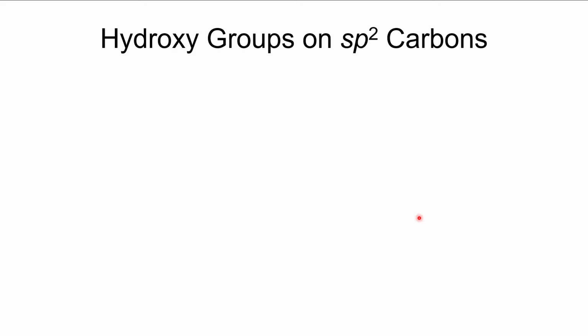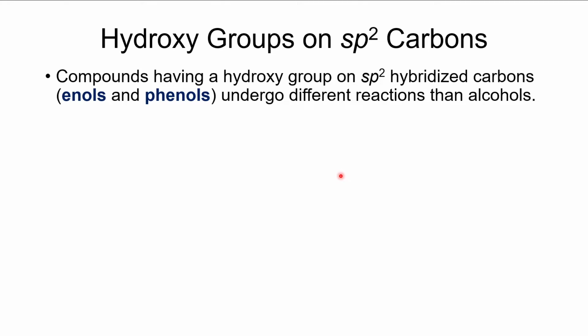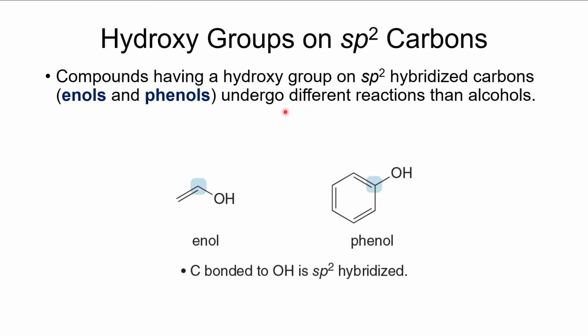All right. For hydroxy groups that are on sp2 hybridized carbons, they fit into a different category and are going to be discussed at later points. So compounds having the hydroxy group on the sp2 hybridized carbon, a trigonal planar carbon, those are either going to be enols or phenols. And they have different kinds of reactions and different kinds of chemistries that we will look at.